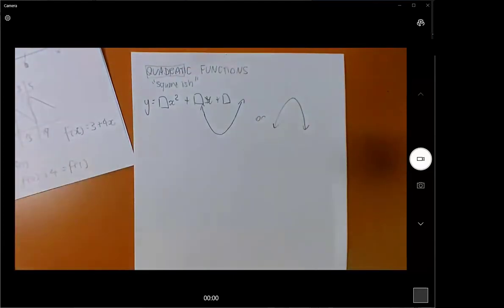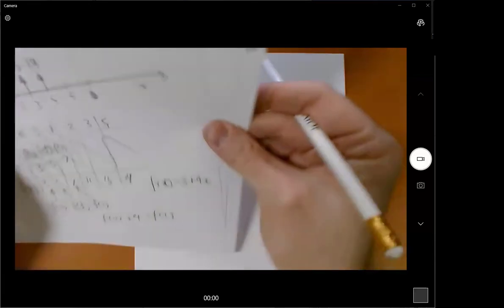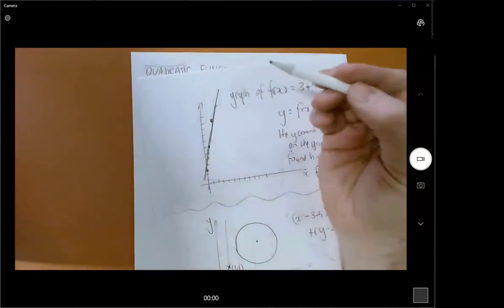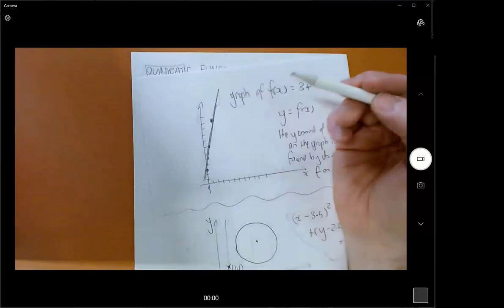And already when I look at this, it has more stuff about it than a straight line graph has. A straight line graph is the same everywhere. It is identical at every location on the line. No matter where you are, if you go forwards one, you'll go up the same amount. If you go backwards one, you'll go down that amount.